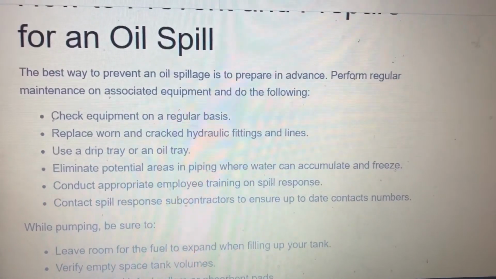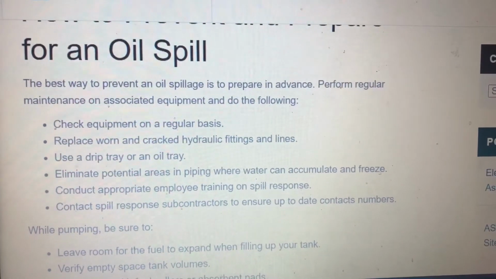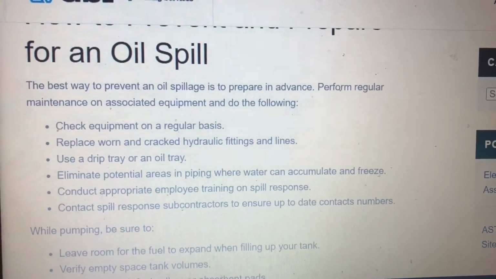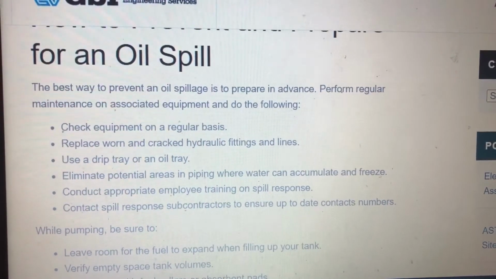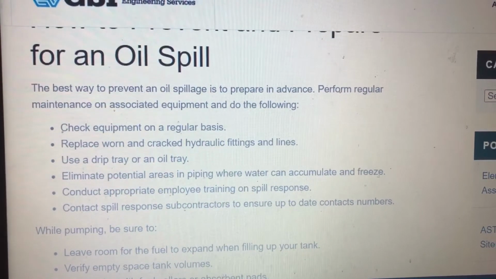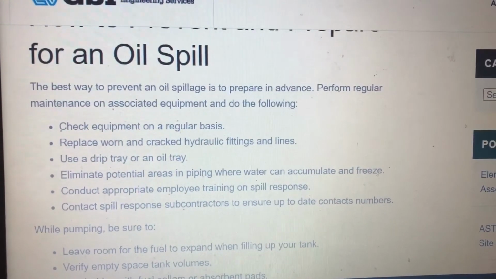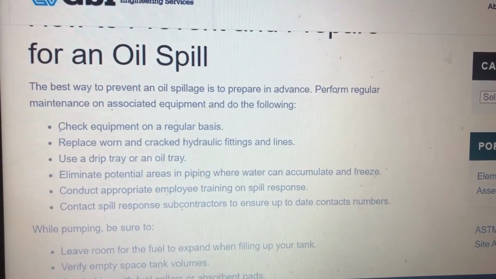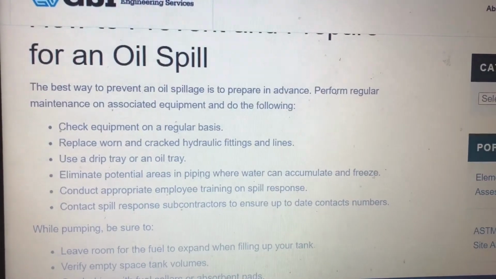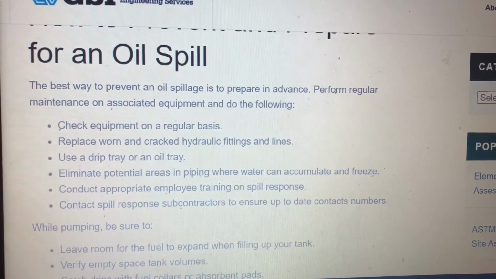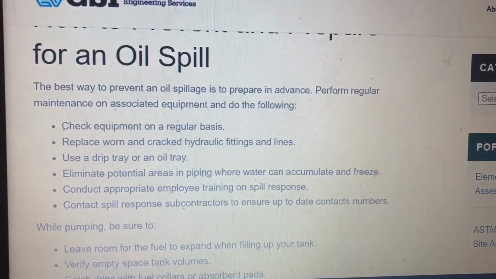It says, the best way to prevent an oil spill is to prepare in advance. Perform regular maintenance on associated equipment and do the following. Check equipment on a regular basis. Replace worn and cracked hydraulic fittings and lines.